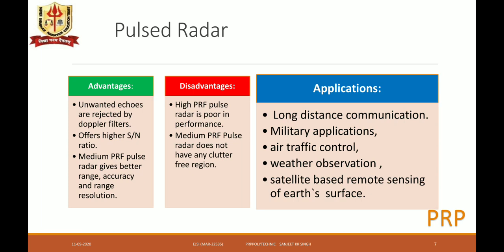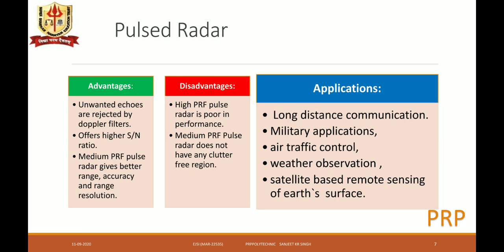So the proper PRF has to be selected. Disadvantage: high PRF pulse radar is poor in performance for long range. For shorter distance, short range radar, we can use the high PRF.